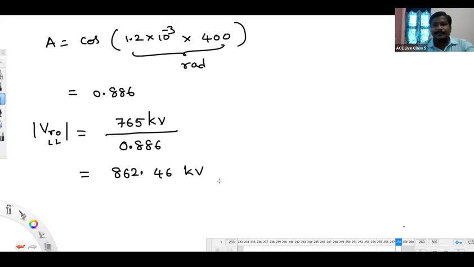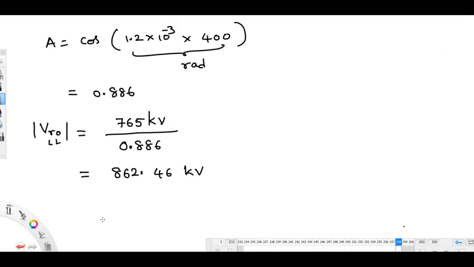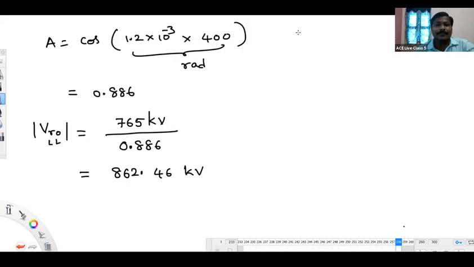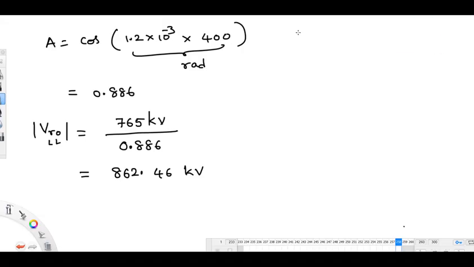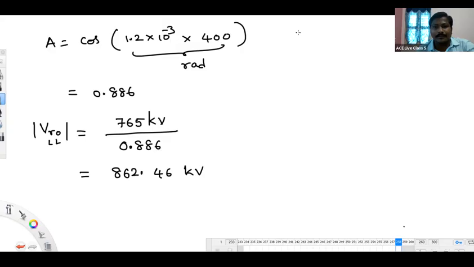Gamma is jβ, right? Yes, sir. Please kindly listen. Gamma is jβ, so it is cosh of jβL. What can you write that as in hyperbolic functions?